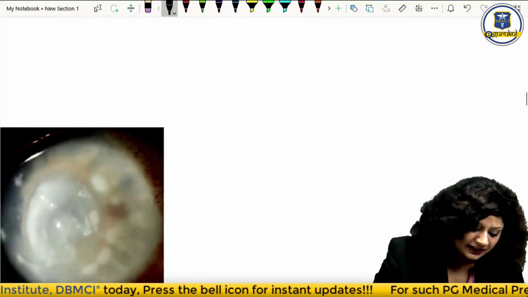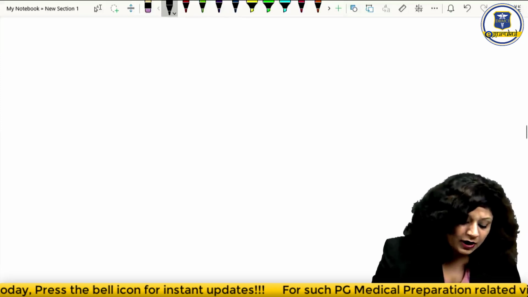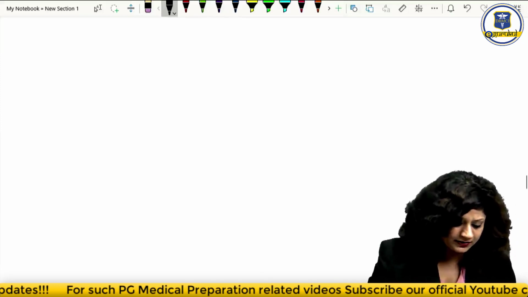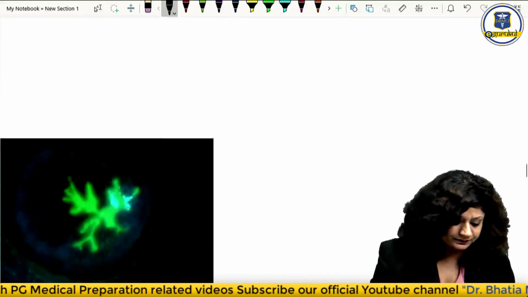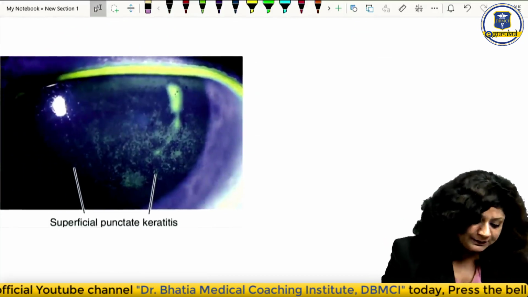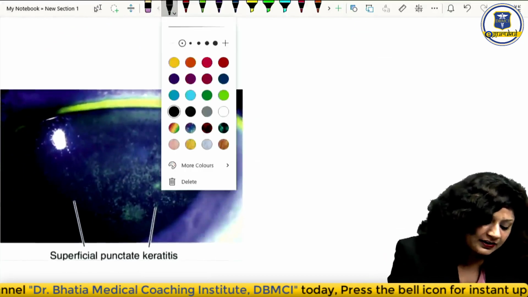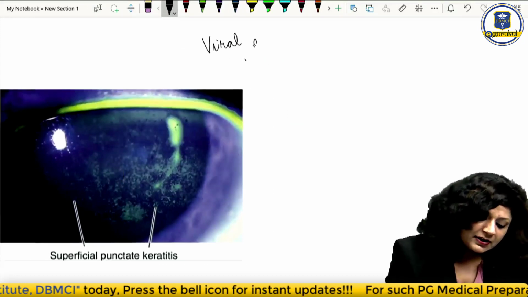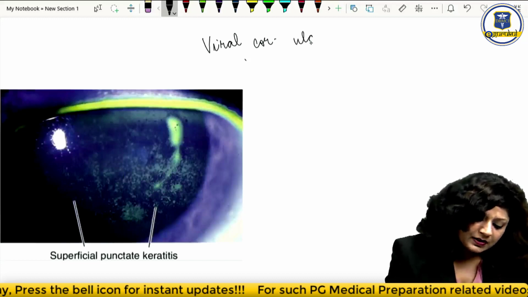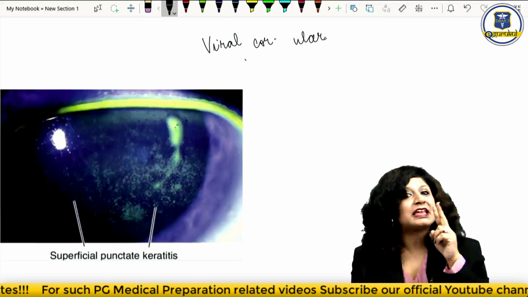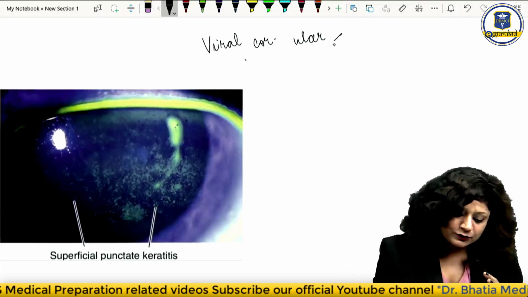Now try looking at the other one. If you see the other corneal ulcer, which is important to differentiate, the next important corneal ulcer is the viral corneal ulcer. Viral corneal ulcers mean two important things. Whenever they say viral corneal ulcer, you have to see two things.